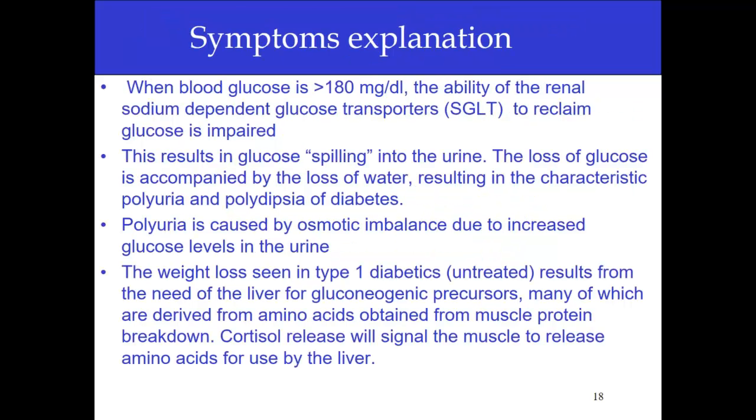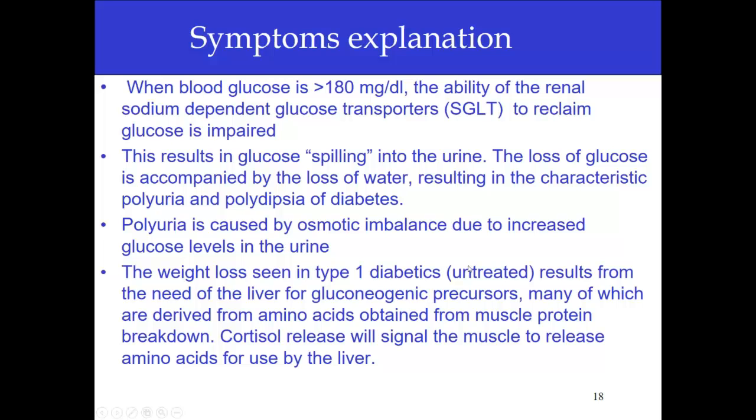Just to explain the symptoms that we talked about before, why do we have polyuria? Too much glucose in the blood will eventually spill into the urine, and this will lead to osmotic imbalance, and therefore to polyuria. So you should remember that polyuria is caused by osmotic imbalance due to increased glucose level in the urine. What about the weight loss?